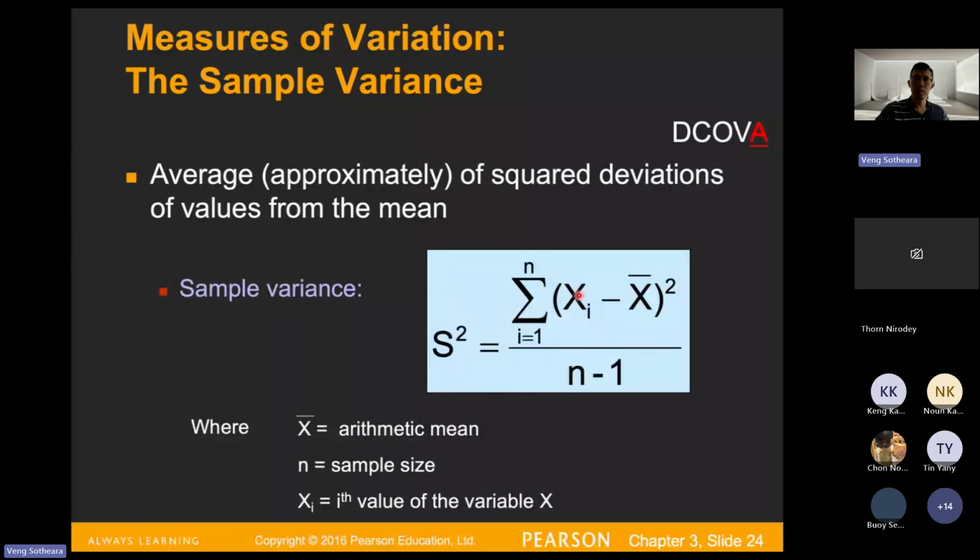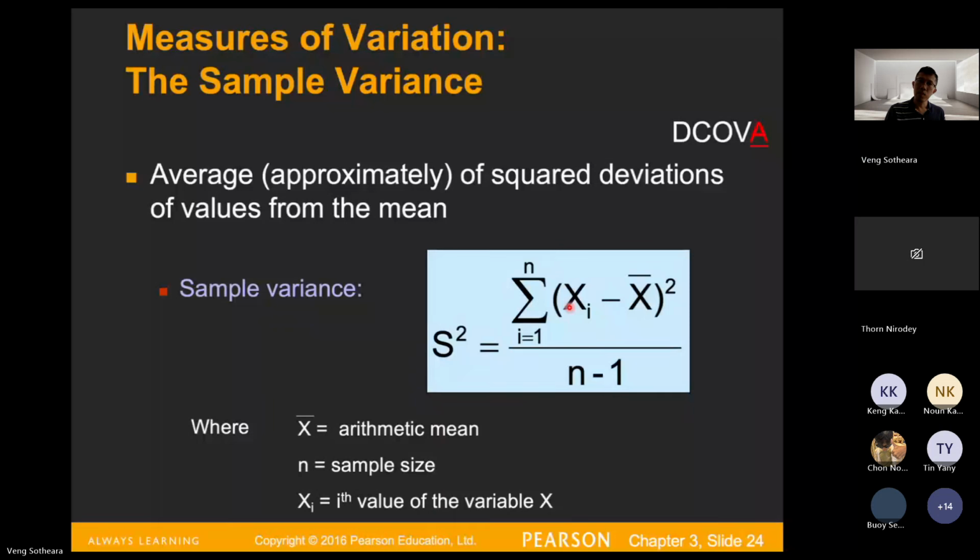You have a sample consisting of several values, x1, x2, x3, up to xn. Suppose that these are ages, for example. To get the variance, you have to compute the sample mean, denoted by x bar. Then you subtract the x bar from those x values.